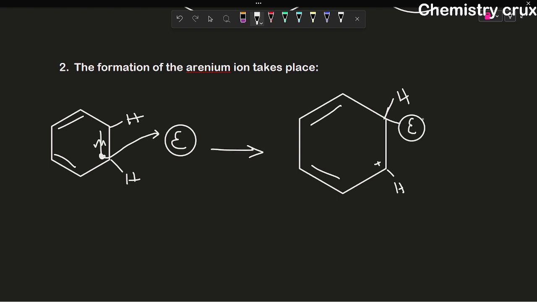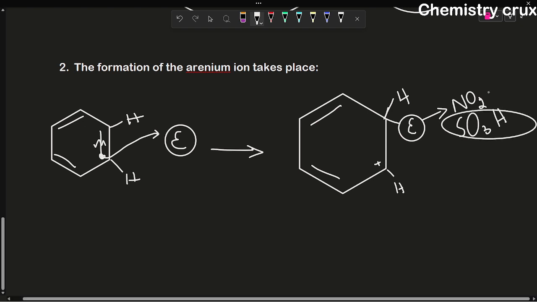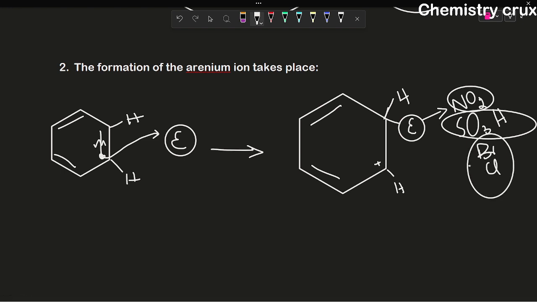Now this electrophile can be anything. For example, if we take nitration of benzene, it is NO2. If we take sulfonation of benzene, it will be SO3H, right? If we take bromination, it will be Br, chlorination, it will be Cl. This will be different for different reactions that we will study in the future, right?